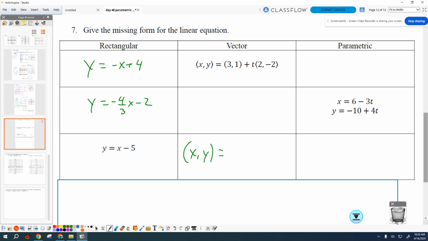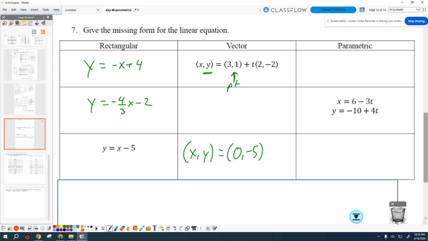So any coordinate is equal to some anchored point that we have to know. Do I know a point that's on this? Negative 5? 0, negative 5? Yeah, 0, negative 5. That is a coordinate that's on it.